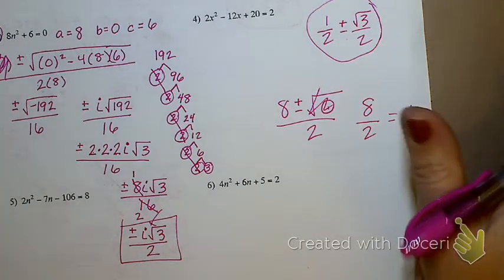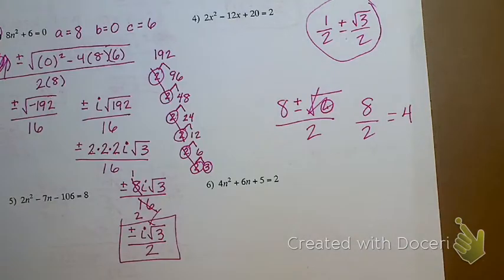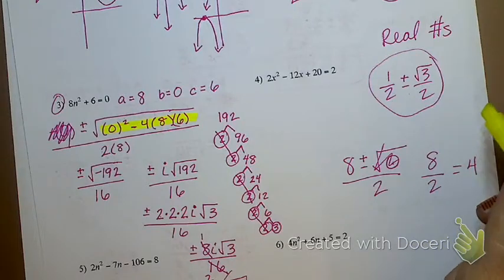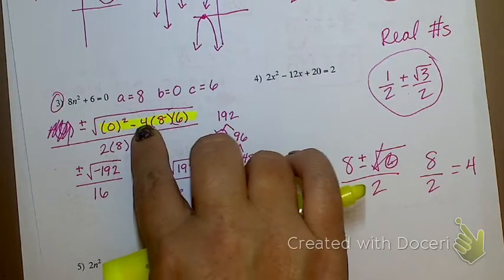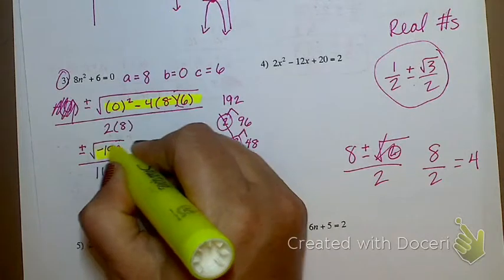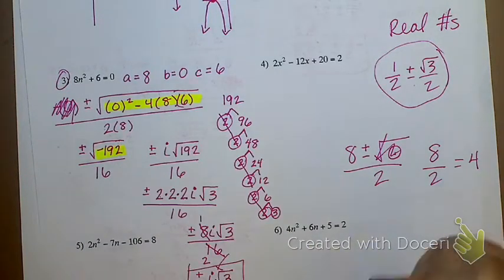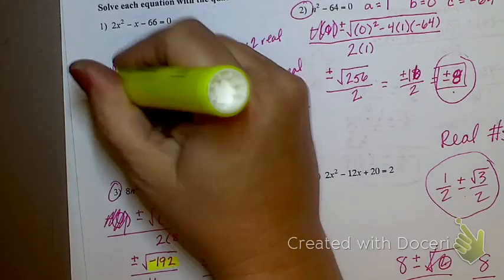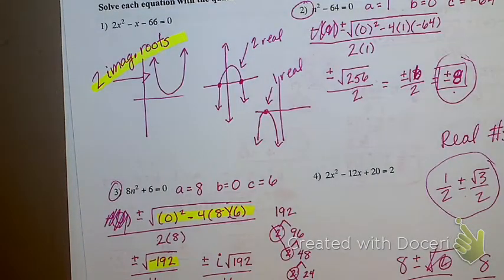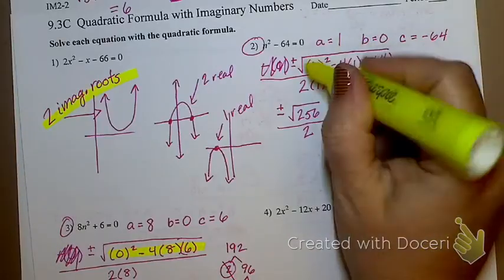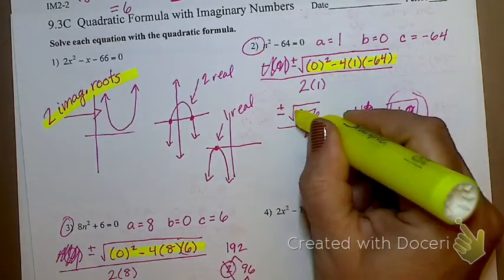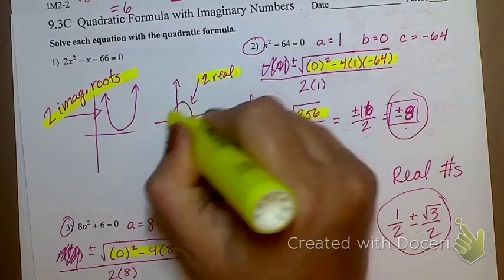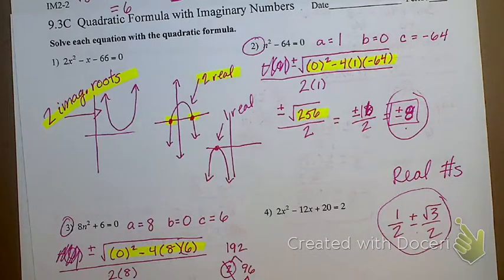So let's think about this for a minute. It all comes down to what's underneath the radical. If the result of what's underneath the radical is negative, what does that tell me about my answer? It's going to have an i. If what's under the radical becomes a positive number, I have 2 real answers, meaning I can actually see where those cross the x-axis.